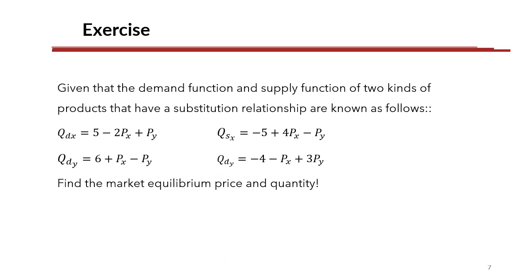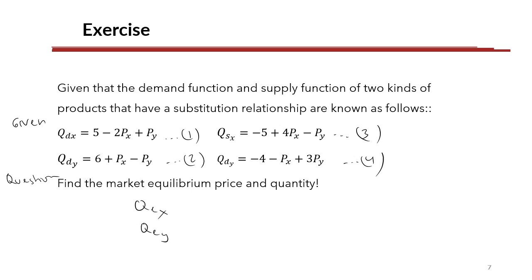Right, I'll work on this. I will write the given data, and I call this my first equation, this is the second equation, this is the third equation, and the fourth equation. Then QEX will be paired with PEX, and QEY with PEY.